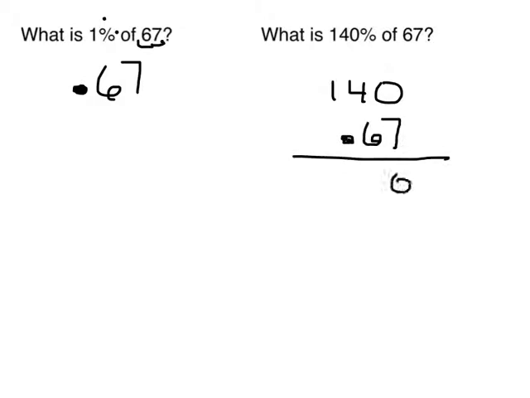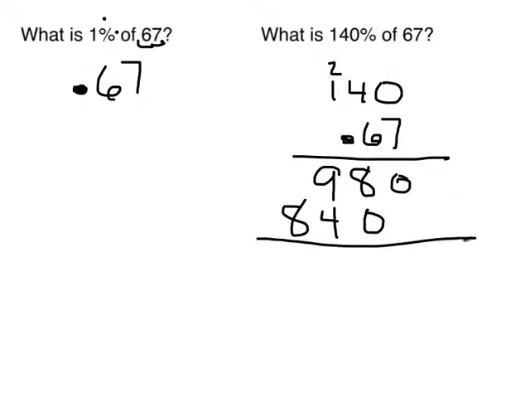I do my math, add it all together, and I've got 2 decimal places, so 93.8, or 93.80, is 140% of 67.